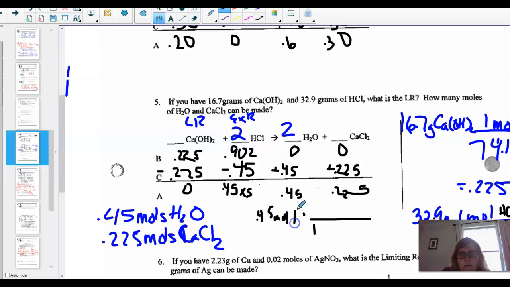Now take 1 mole of water times 18.02 grams. So 0.45 times 18.02 grams, that should give me 2 sig figs, 8.1 grams of water.